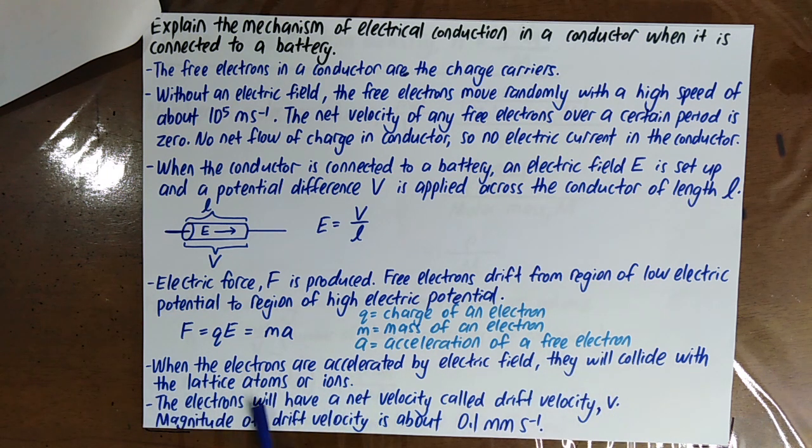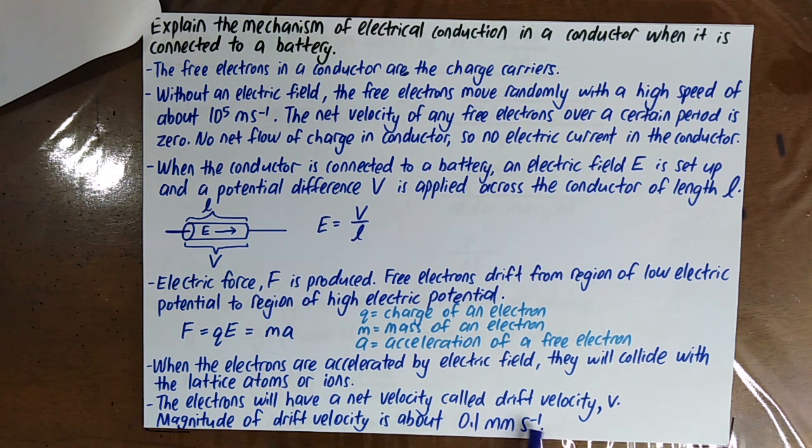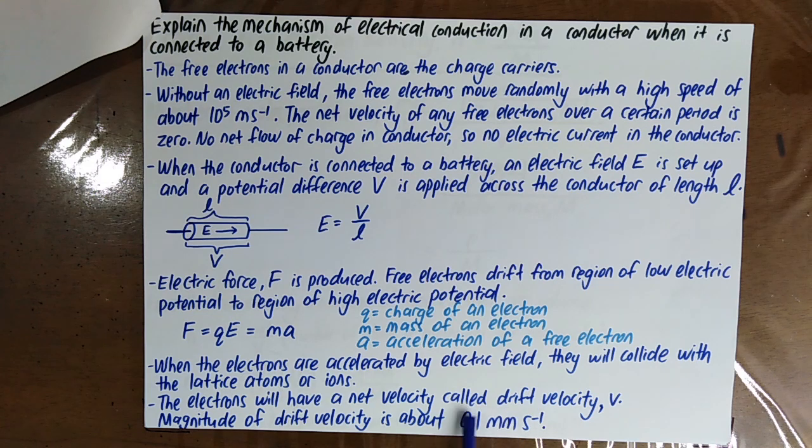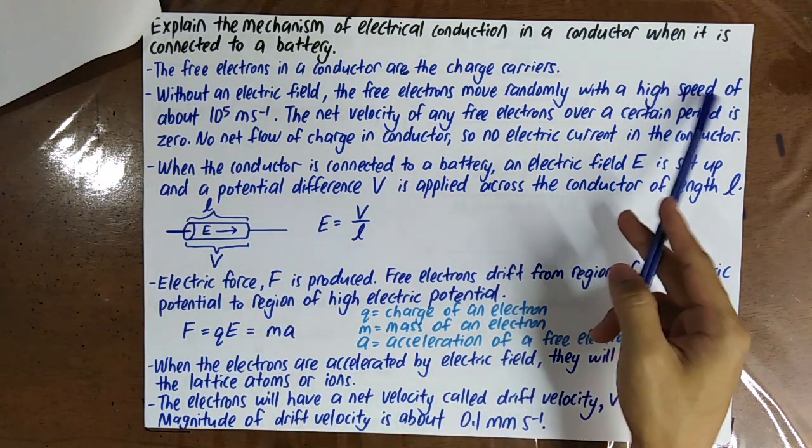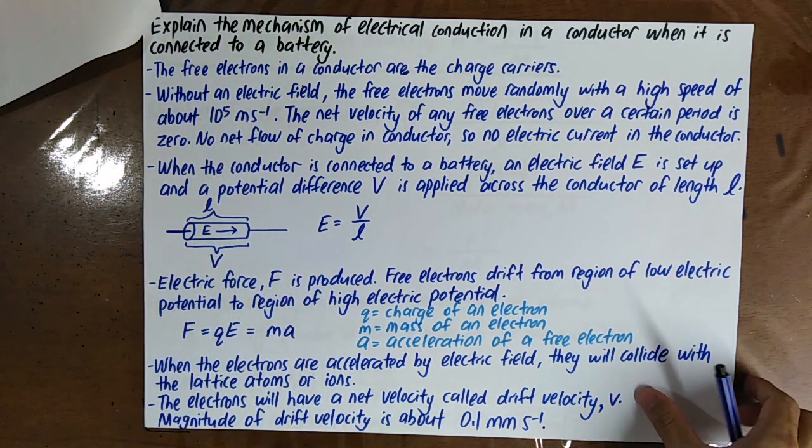The electrons will then have a net velocity called drift velocity, and the magnitude of the drift velocity is about 0.1 millimeter per second. You realize that this is much smaller than the magnitude of the random high speed.